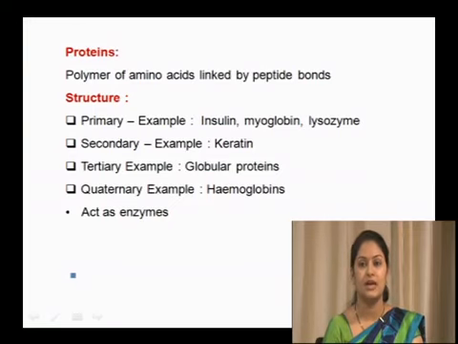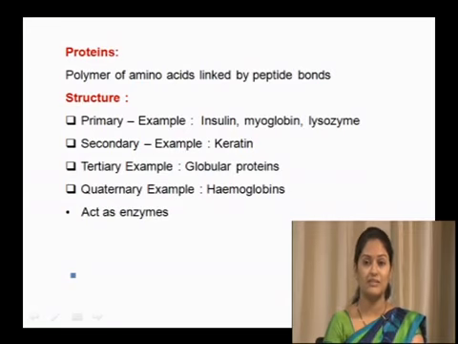Tertiary proteins are those where the polypeptide chains are spherically coiled, forming a ball-like structure, and you can include globular proteins under this. The fourth classification is quaternary protein.